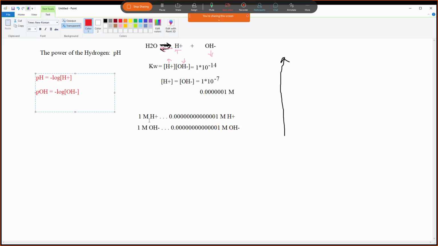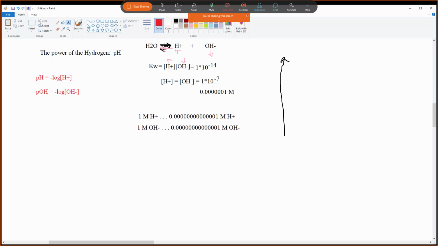I won't give you this bit, although it might be helpful for you if you feel like memorizing it, that when you multiply the two together, you always get 1 times 10 to the negative 14th. But if you take the minus log of each side of this equation, you get the following, which I do give you.